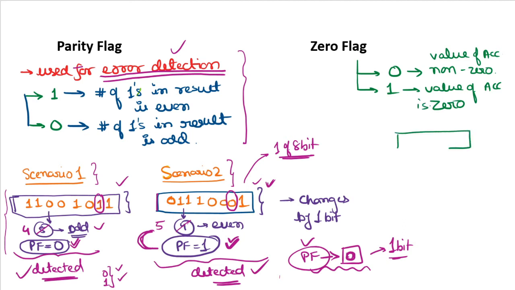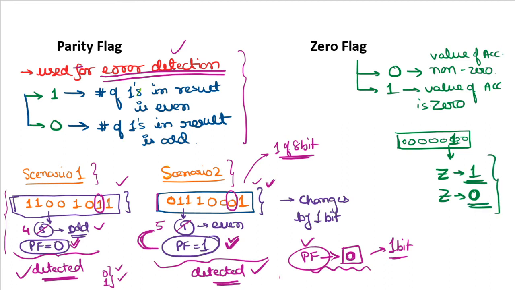So if we have accumulator register here and the value is 0, in that case zero flag will be what? Zero flag will be 1. Okay, and if either one of the bits is 1, in that case zero flag will be 0.